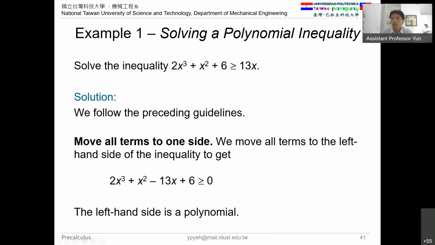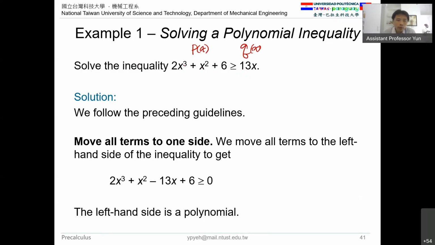polynomial inequalities. Okay. So here we give an example of a polynomial inequality: 2x cubed plus x squared plus 6 is larger than 13x. So here is p(x), and here is q(x).